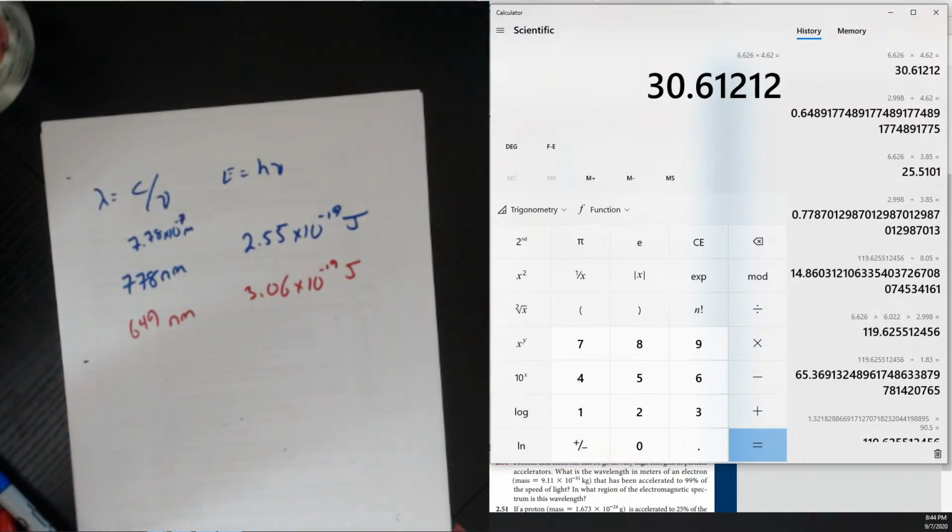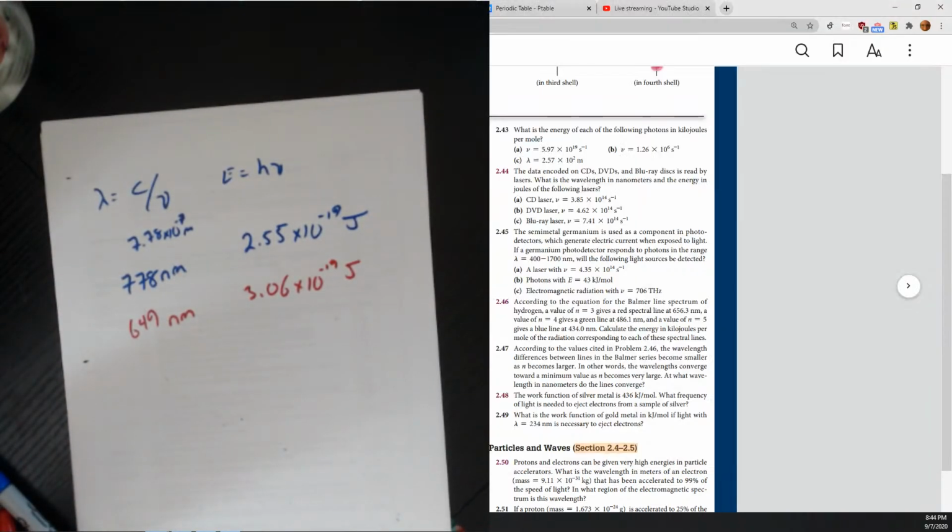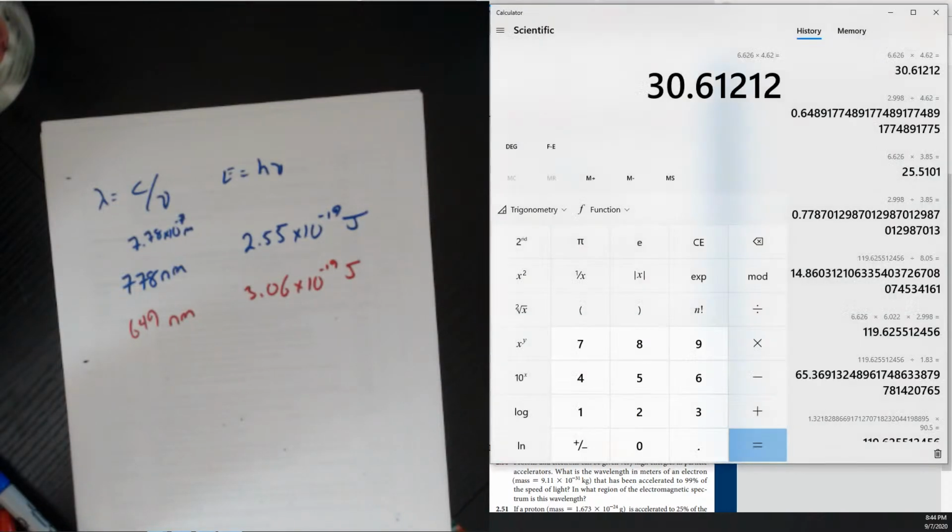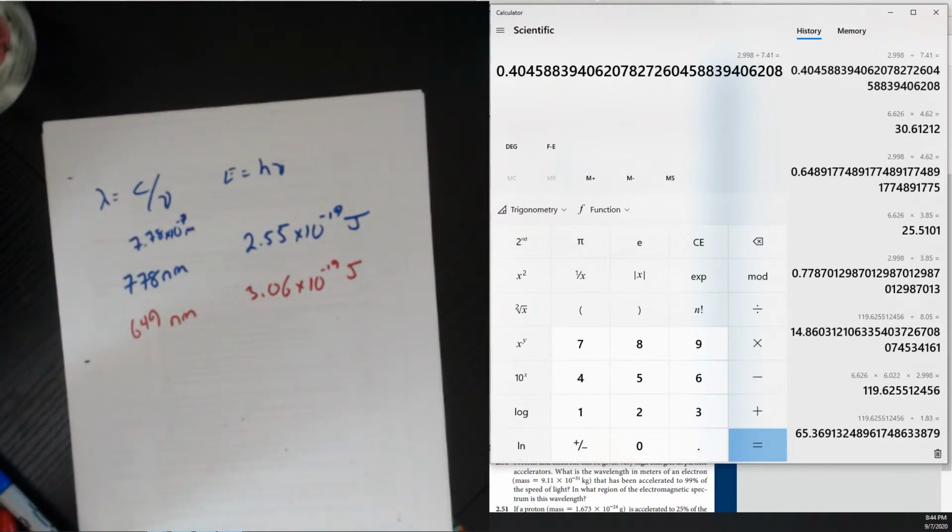And then the next one is probably going to be in the orange, possibly yellow, 7.41. Oh, it's actually almost double. Well, we'll see. It might even be as far as green. All right, 7.41. So 2.998 divided by 7.41. That's going to be 404 nanometers.